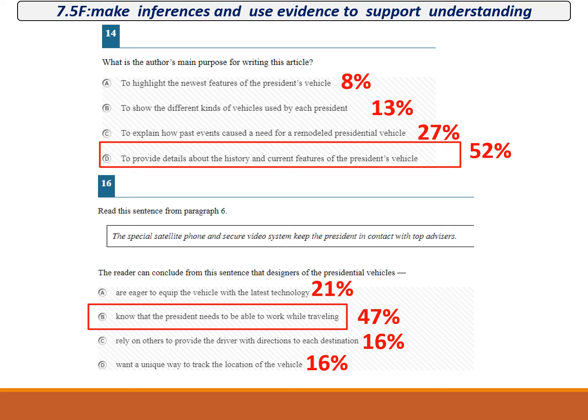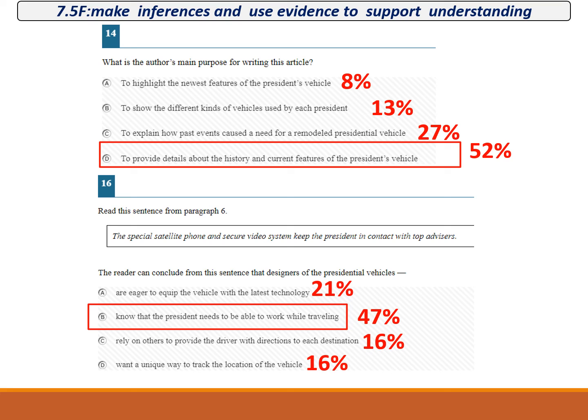Notice that choice D has both the history and current features, which envelops the entire selection. Although students were not in the 70s on this one, they were not all over the place like the others for 5F. They were distracted primarily by one other answer choice.